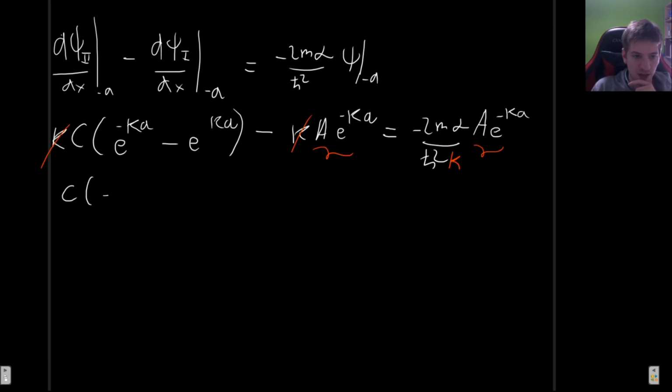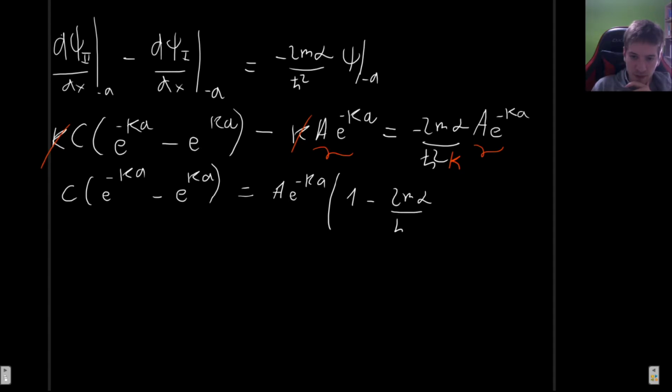So we get c times (e to the minus ka minus e to the ka) is going to be equal to a e to the minus ka times a factor of 1 minus 2mα/(ħ²k). So this is actually our second equation now. We have our system of equations that we have to solve.